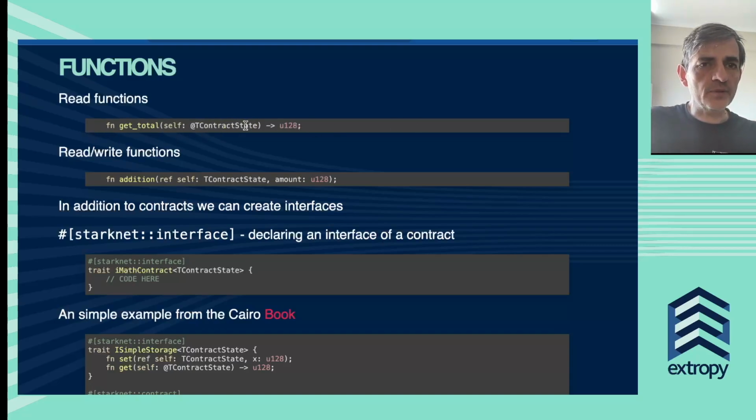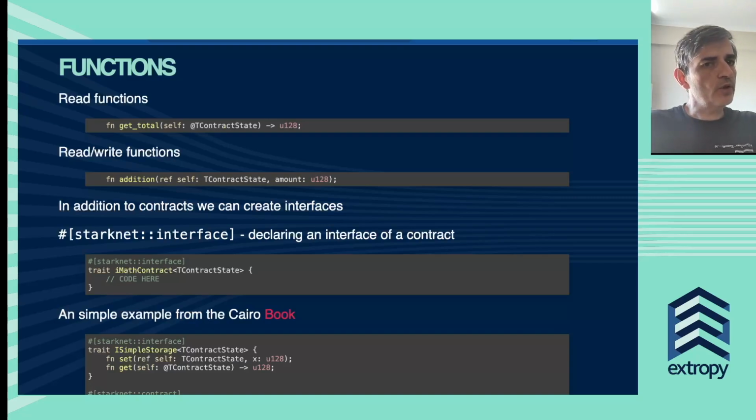The argument for that is a snapshot of the contract state, and we're putting that in a variable self, and then that is going to return a u128. So within the body of the contract, when we come to implement this, we would use that self variable to read some of the contract state.